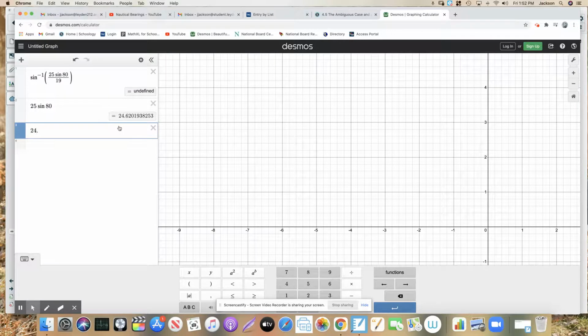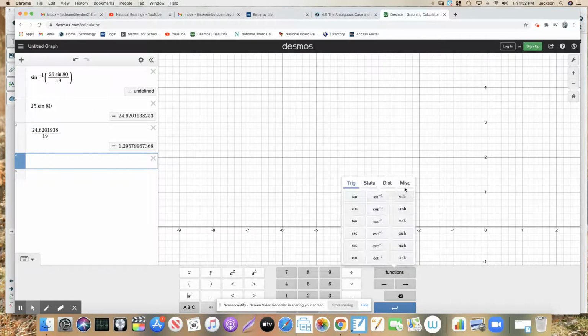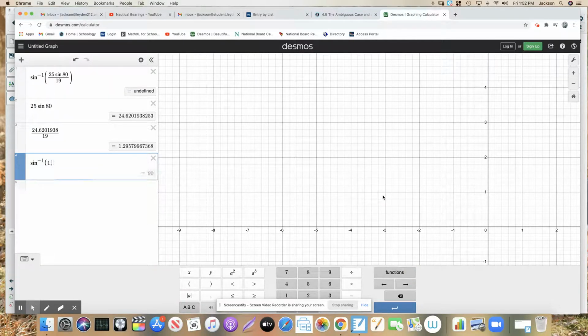24.6201938. Let's check to make sure that I'm actually using these numbers right. And I get 1.2957. Okay, so what's the inverse sine of 1.2957? It's undefined, right?